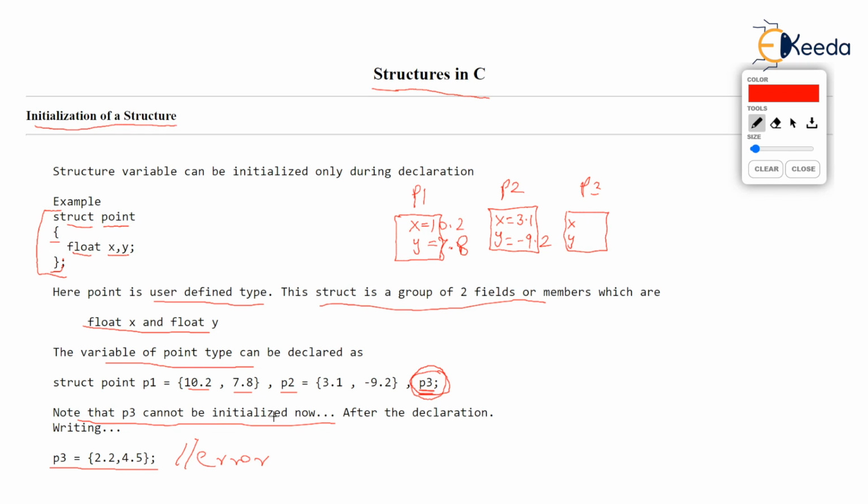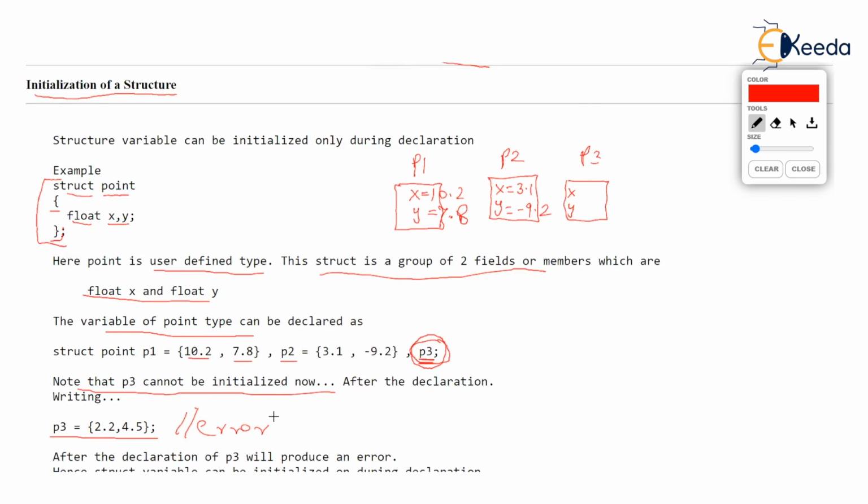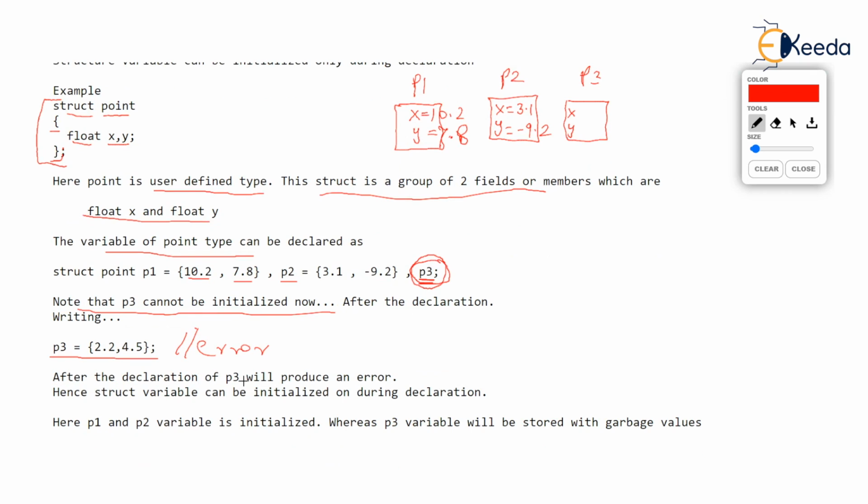Hence, if you try to initialize after declaration of p3, it will produce an error. Hence, a struct variable can be initialized only during declaration. Here p1 and p2 variables are initialized, whereas the p3 variable will hold garbage values because you have not initialized p3.